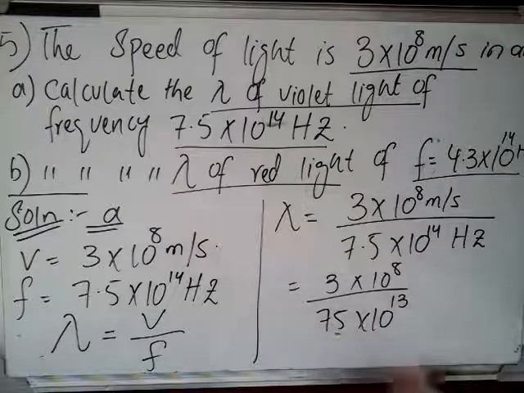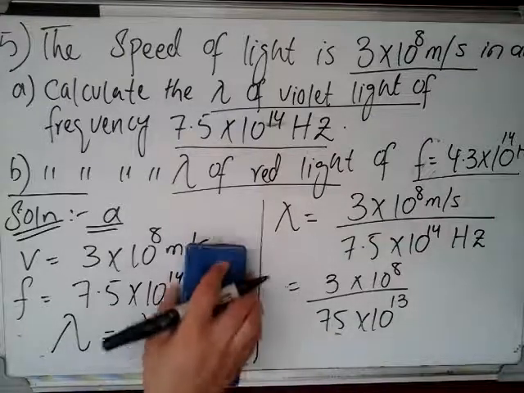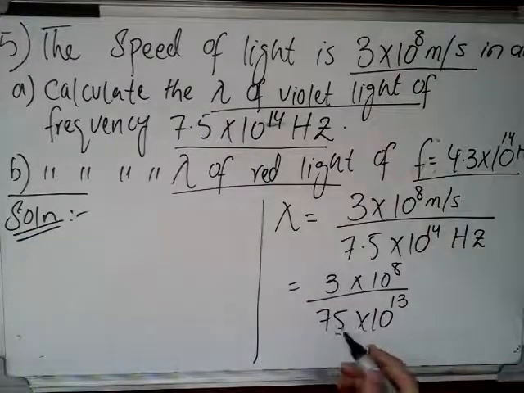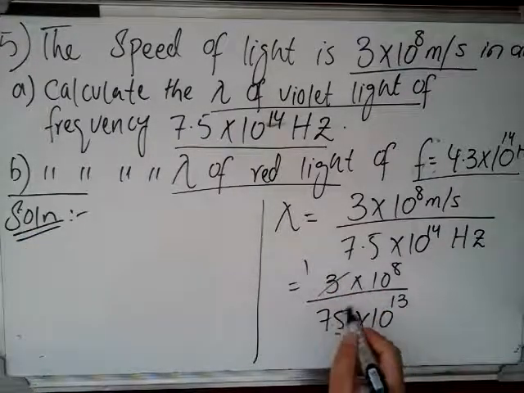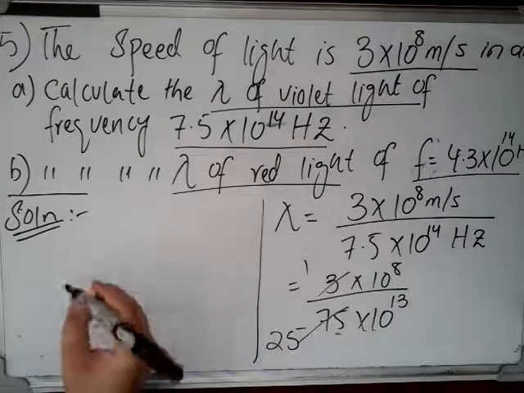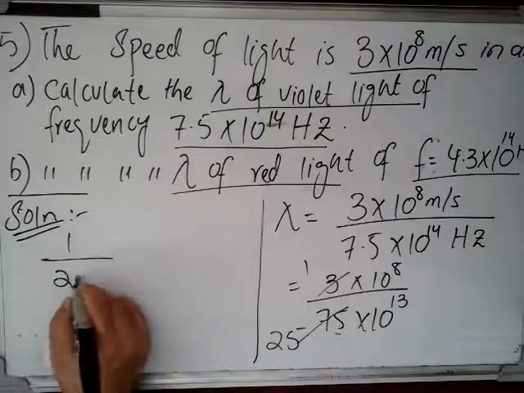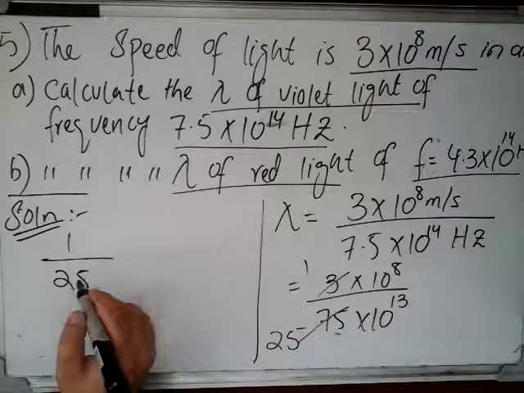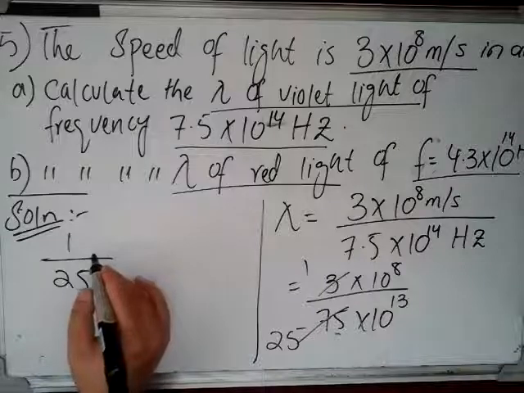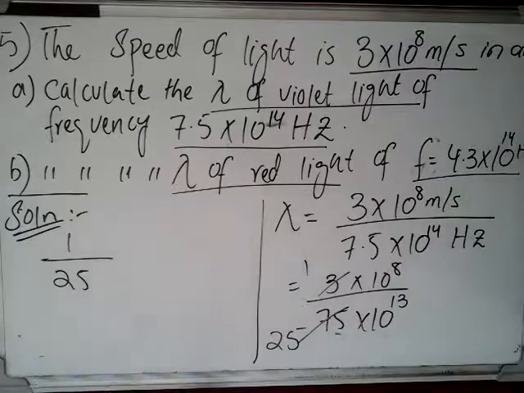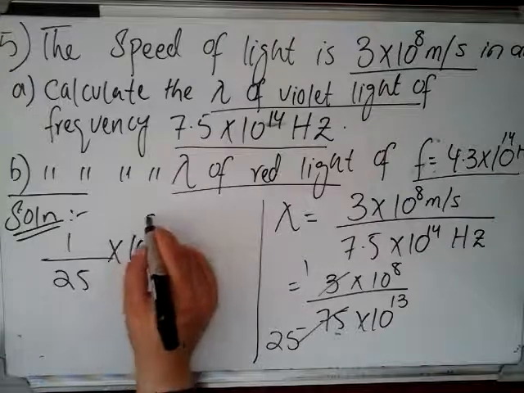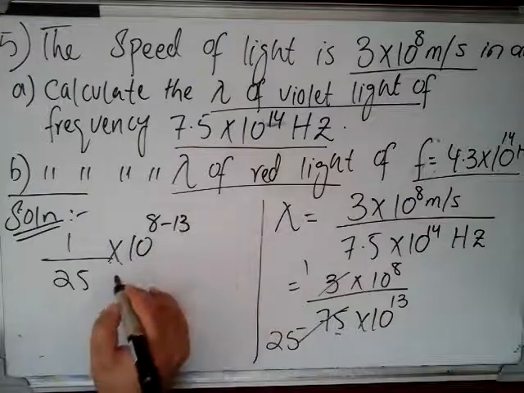After this we can cancel the values: 3 into 25 is 75. So 1 over 25, into 10 raised to power 8 minus 13.